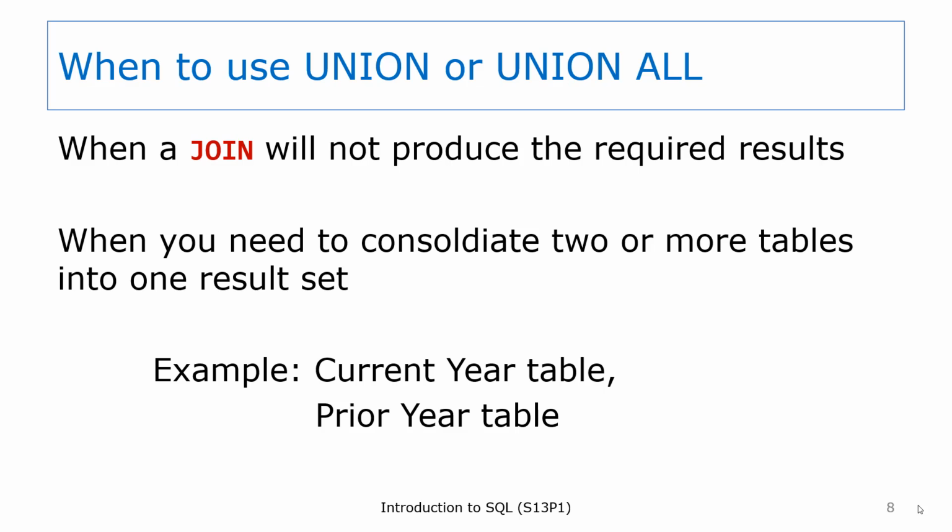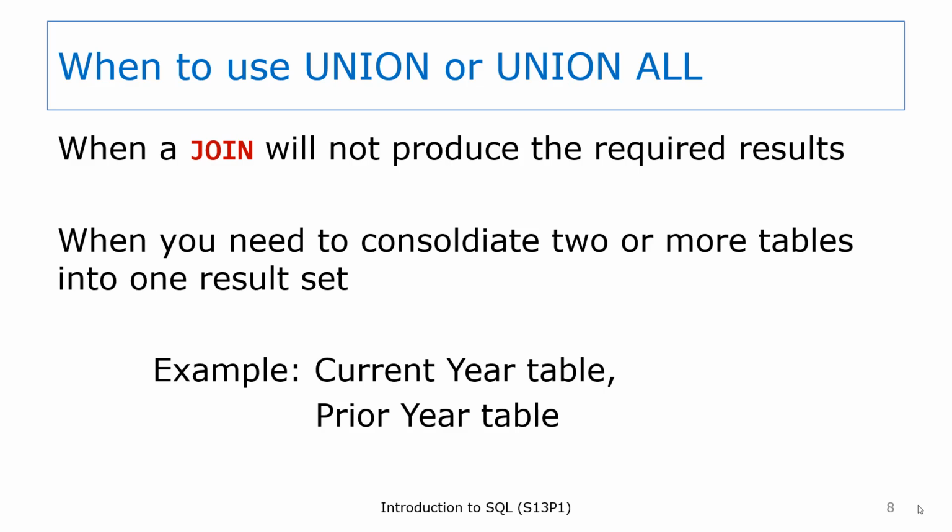One use case that is a natural fit for a union or union all is when you need to work with data in historical tables. Some applications might create archival versions of tables. For example, at the beginning of the year, the prior year data is copied out into an archival table.